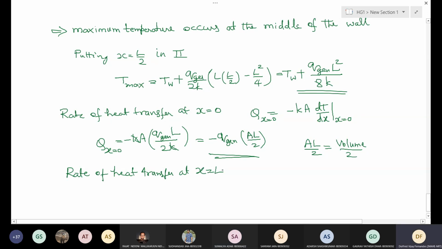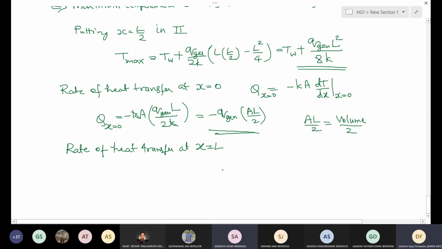Same value but positive. Yes, you got positive, correct.